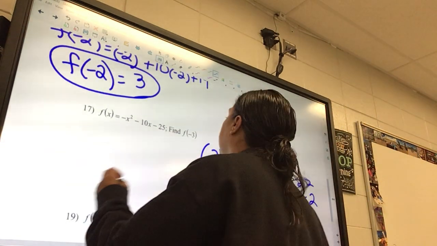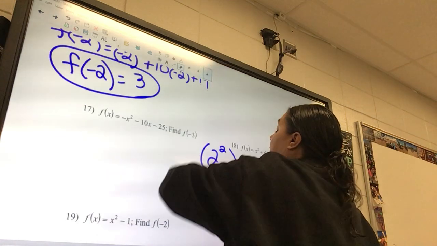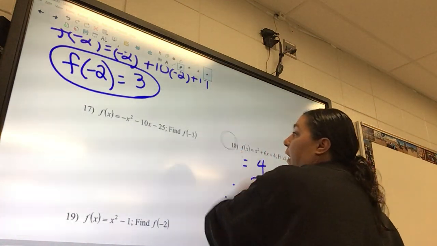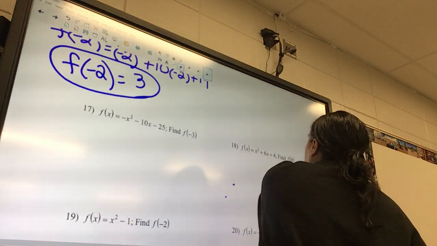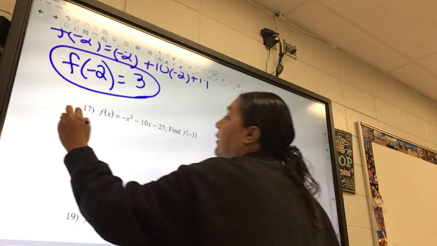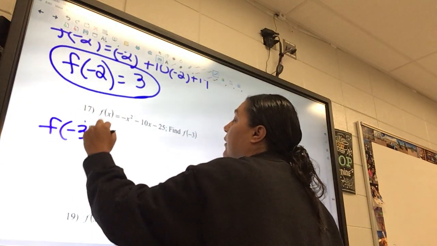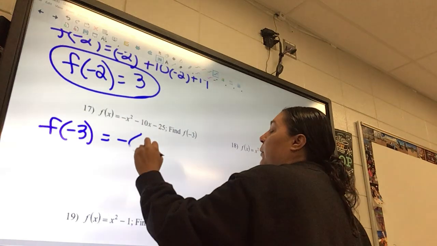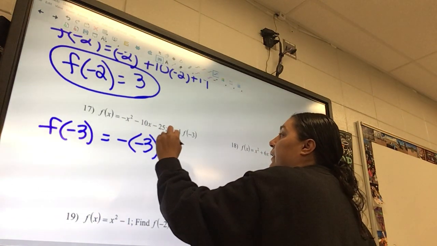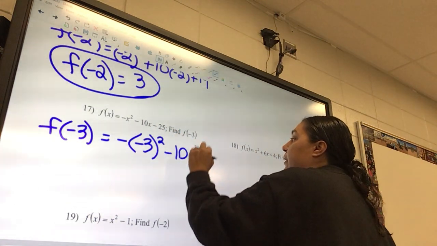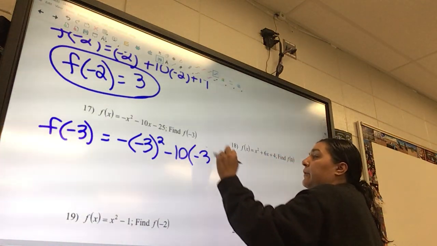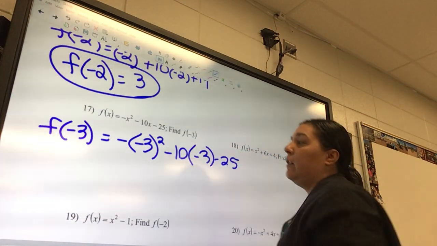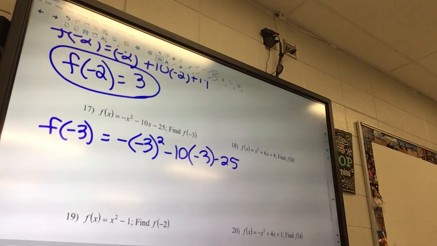17, what are we plugging in everywhere? -3. So it's going to look like f of -3 equals negative parenthesis -3 squared minus 10 parenthesis -3 minus 25.